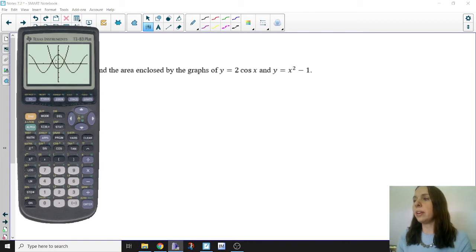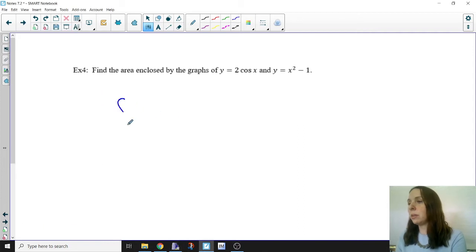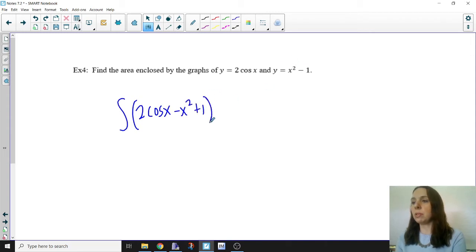There's 2 cosine x, beautiful, and there's x squared minus 1. So we are finding the area of this region, and we can definitely see that the cosine curve is the upper function and the parabola is the lower, right? So we can set up our integral as 2 cosine x minus x squared plus 1, if we distribute the minus to both of those terms, dx.